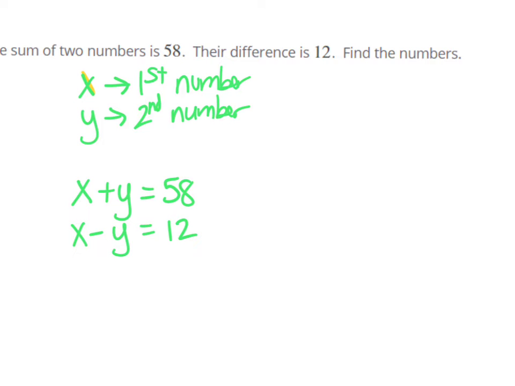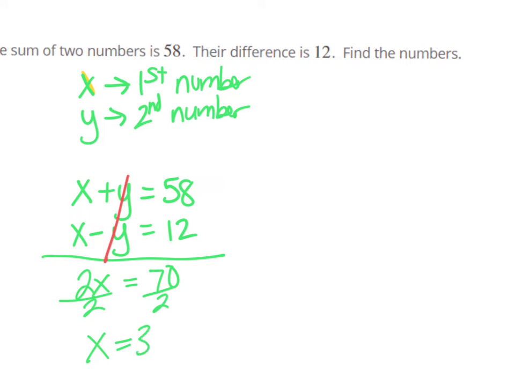In this one, it looks like it's beautifully set up for elimination because the y's will just cancel out. And so I'm left with a 2x. And then if I add the 58 and the 12, I get 70. Divide by 2. I've got my first number must be 35. Now, once you get one of the answers, then you can go ahead and plug it into either of the previous ones.